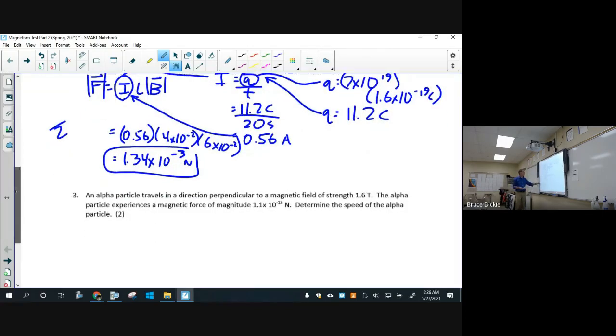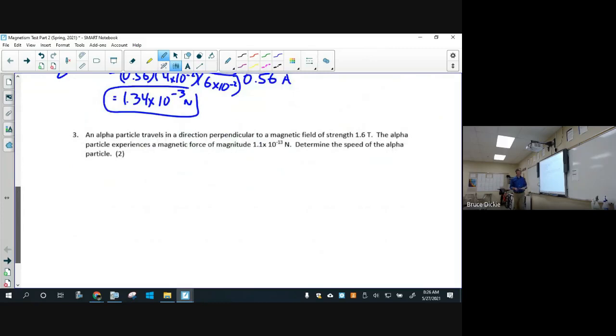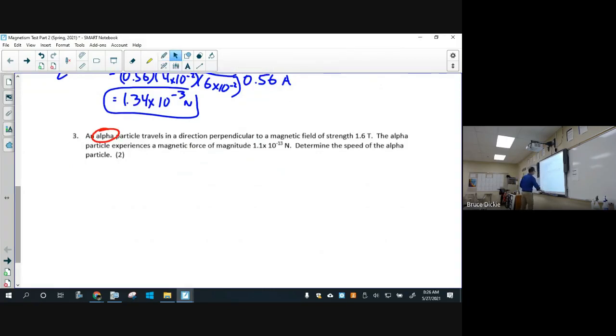Number 3, an alpha particle travels in a direction perpendicular to a magnetic field of strength 1.6 Tesla. The alpha particle experiences this force. What's the speed? This is a pretty straightforward one. If you recognize that this is an alpha particle, we're going to say F is equal to QVB. We're just going to rearrange that now to solve for speed.